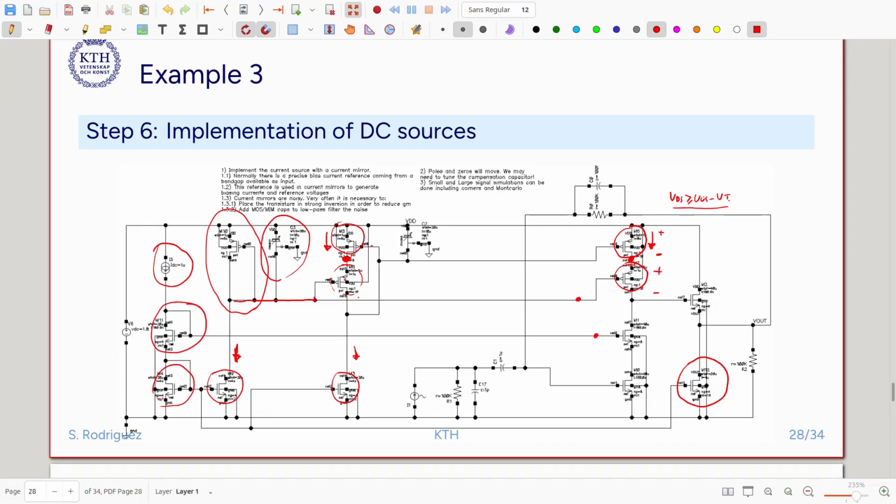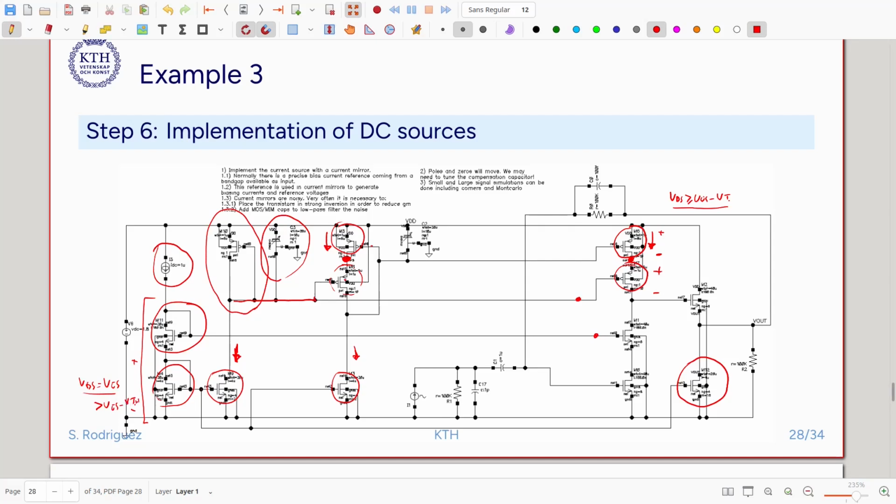This solution here that is implemented is much better than the one I discussed during the lecture here. This transistor here requires VGS, VDS will be all the time equal to VGS, and that is always going to be much larger than VGS minus VTH.